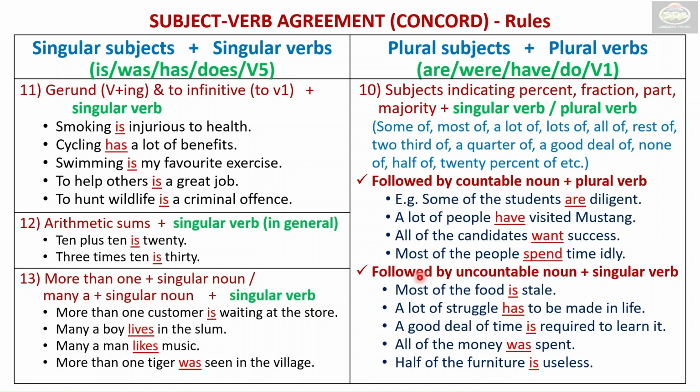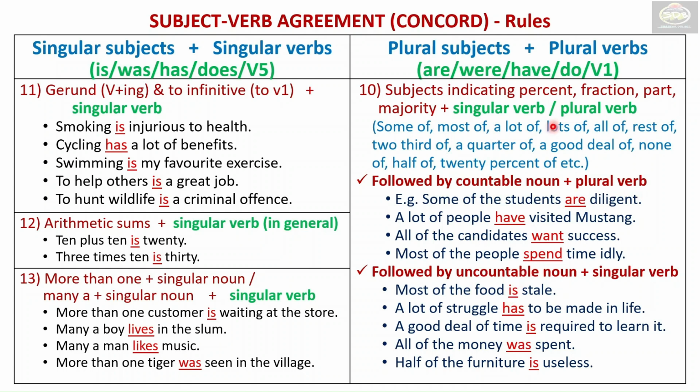But if they are followed by an uncountable noun, that becomes a singular subject. For example, some of the students are, a lot of people have, all of the candidates want. Candidates, people, students are countable nouns, and if there is a countable noun after these words, that becomes a plural subject and we have to use a plural verb.